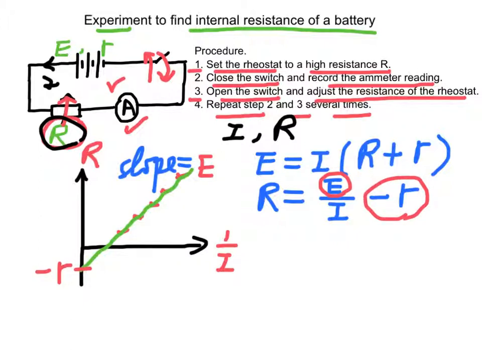For example, if the y-intercept is equal to negative 1.5 ohms, that means the internal resistance of the battery r is equal to 1.5 ohms.